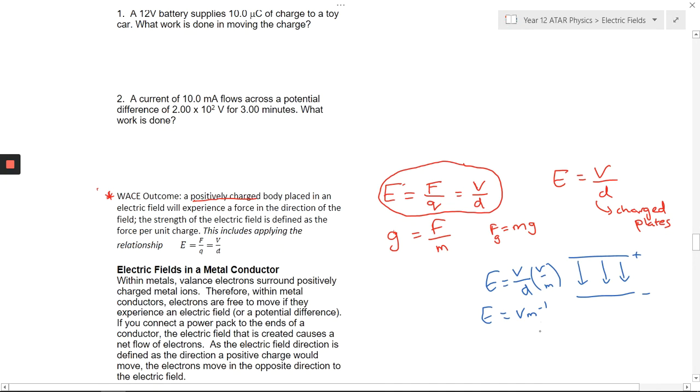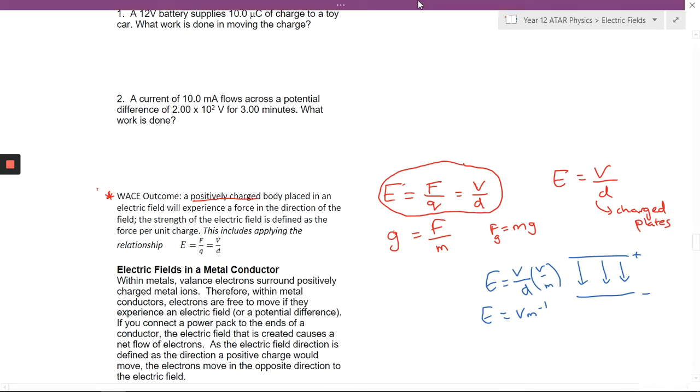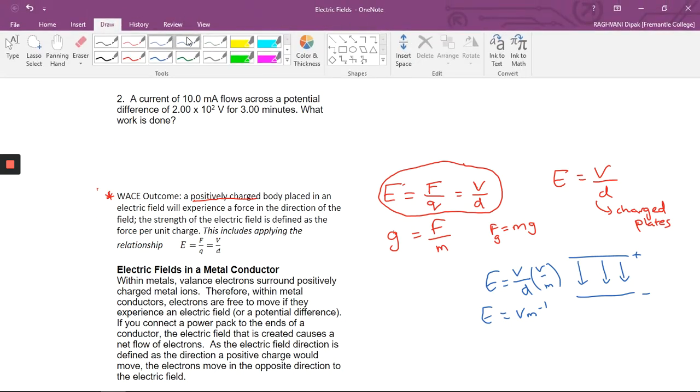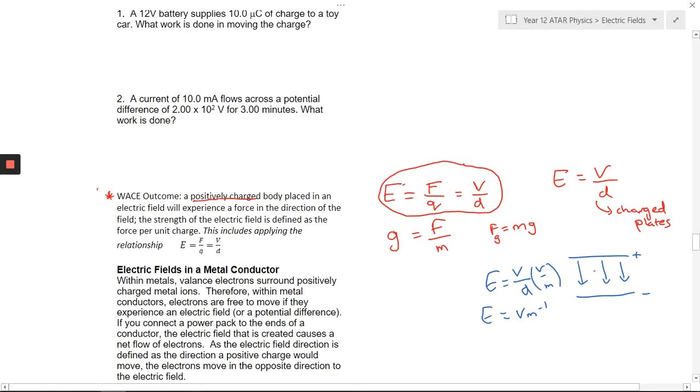If I put some charge here, what would it feel? Or if I put a charge of positive 1 nanocoulomb in this field, what would it feel?